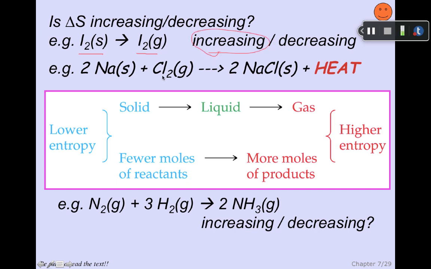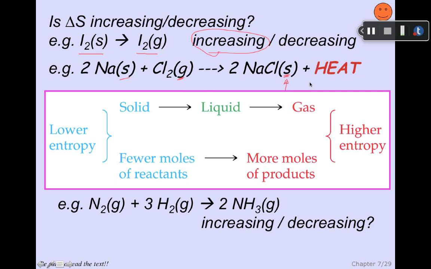What about sodium reacting with chlorine to make sodium chloride? We've seen that reaction in the video, if you were noticing. If you take sodium atoms that are solid and chlorine gas and combine them to make a solid, that's an interesting one because you have here a solid and a gas making a solid. And there's more order in a solid than there is in a gas ever.